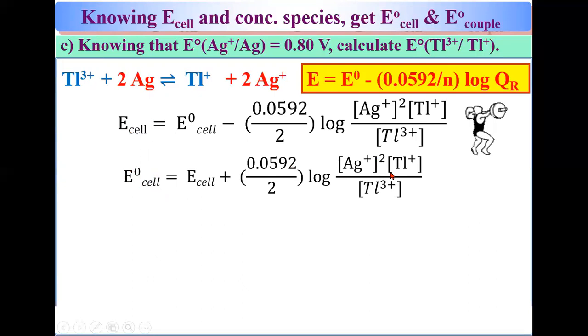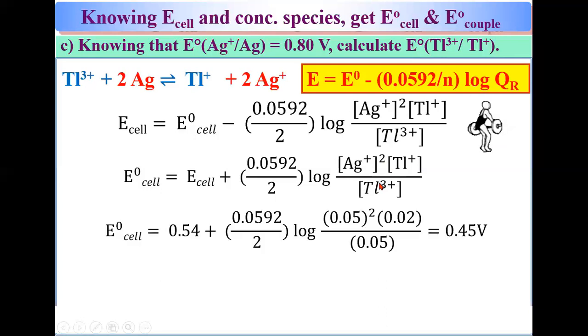And we have all the concentrations at initial states, you know, when the cell is fully closed. And therefore, put E of the cell on this side. Okay, take all of this term to the other side. This becomes a plus. We're still products divided by reactants.